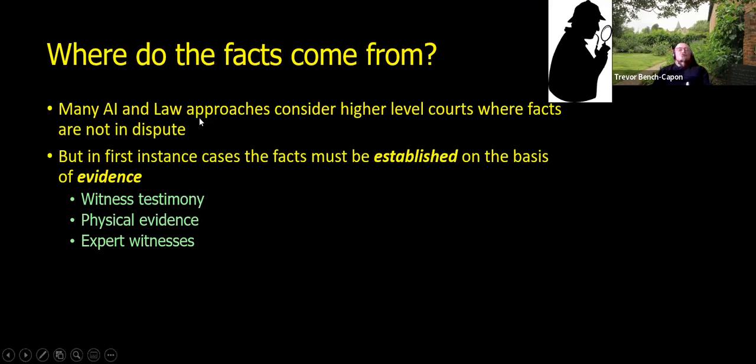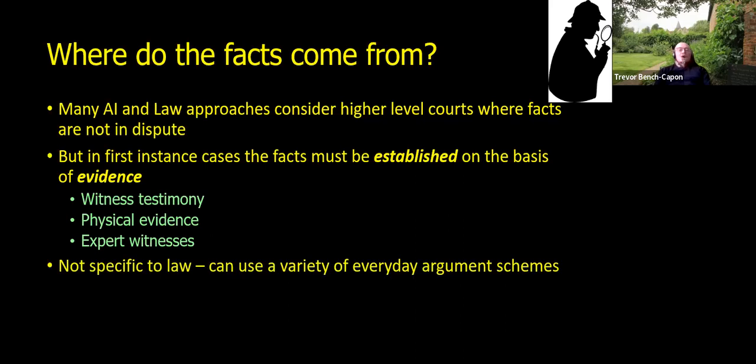And for evidence, we can find witnesses, we can look at physical evidence, we can take the testimony of expert witnesses. And none of this is really specific to law. We can use a variety of everyday arguments to move from evidence to what we believe.